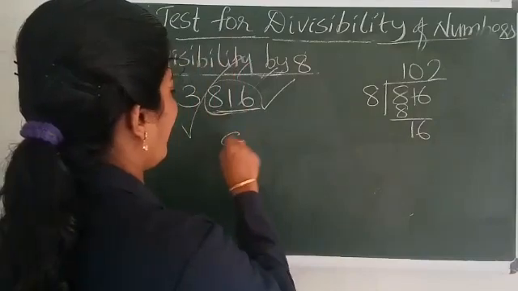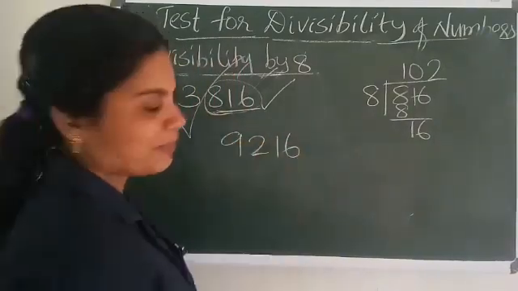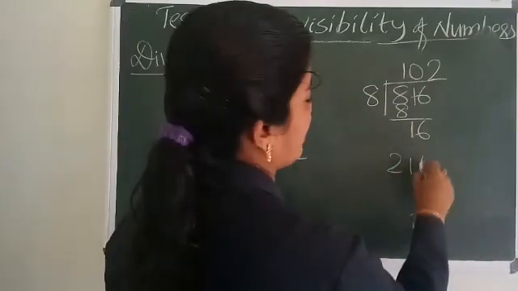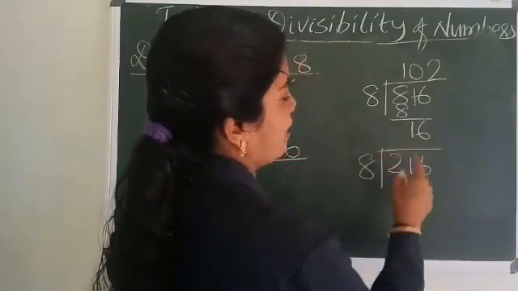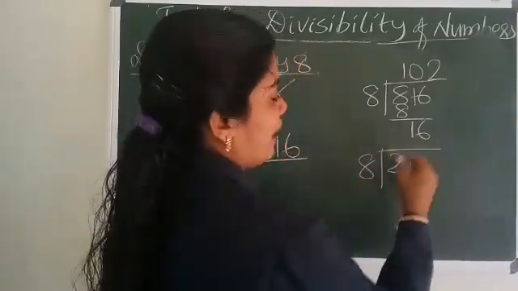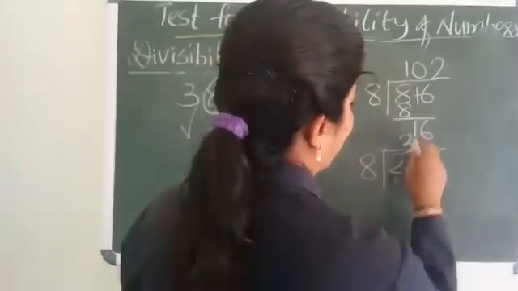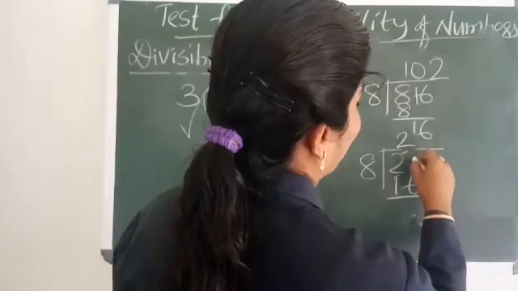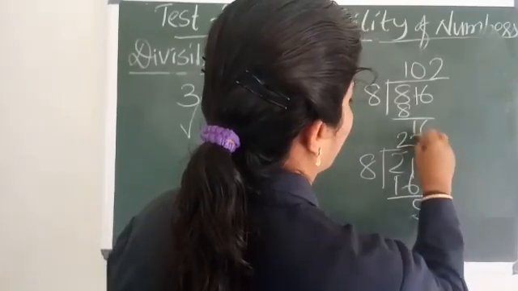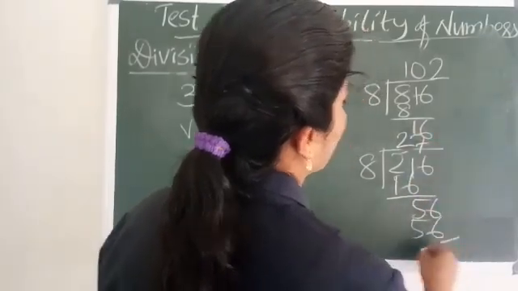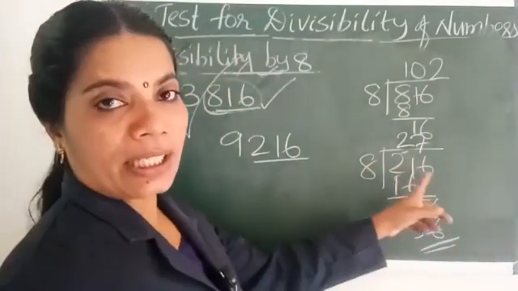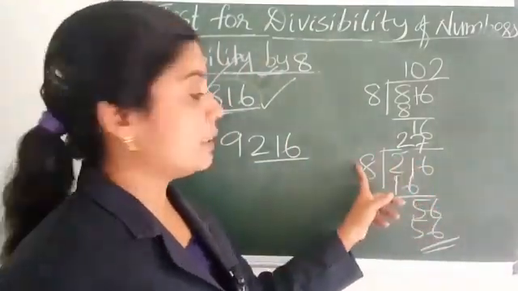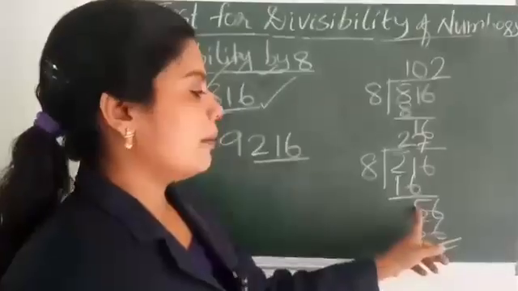Another example, 9216. What do we do? Let's check whether 216 is divisible by 8 or not. 21, 8 twos are 16.